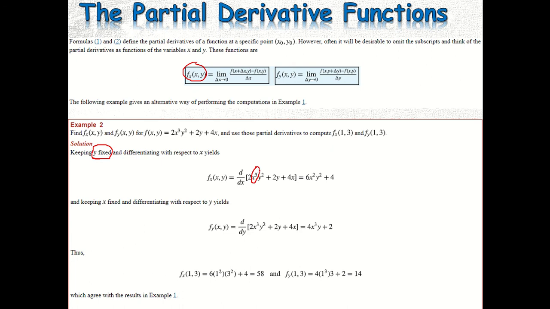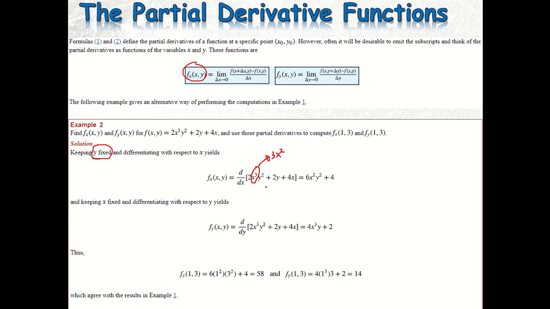So the power will go down, and this becomes 3x squared. Then you multiply this 3x squared with 2 and y squared. So 2 times 3 is 6, times x squared y squared. So that's why we have here 6x squared y squared.